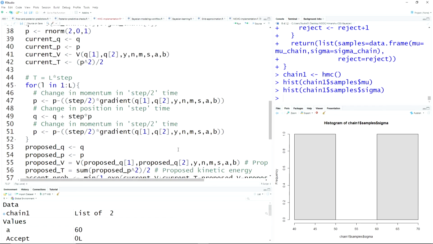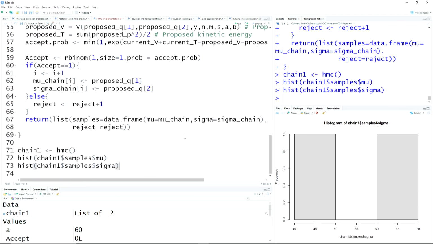So this is a really good sampler, by the way, that we will see in the next lecture, but it is difficult to implement as you go towards complex likelihoods, primarily because you will have to calculate these gradients and potential energy for every likelihood and prior and then implement it, right?